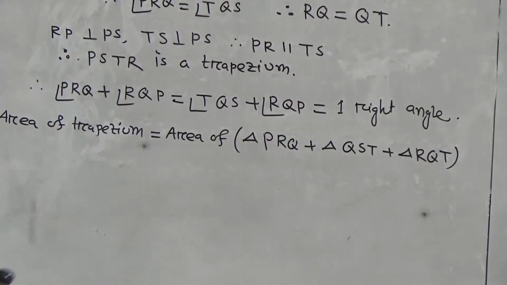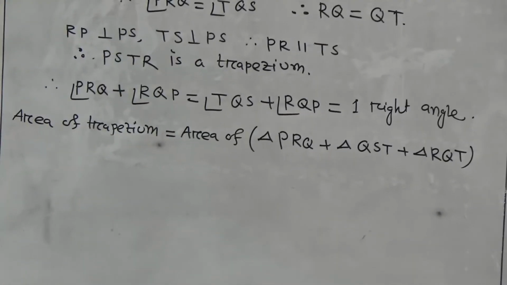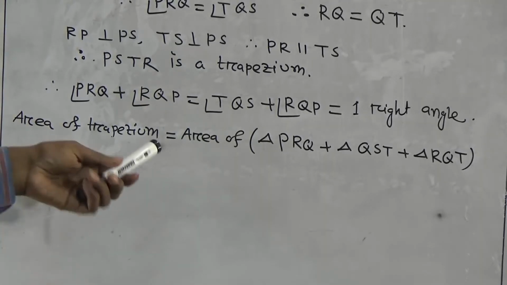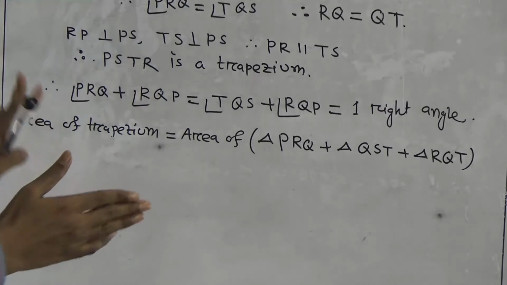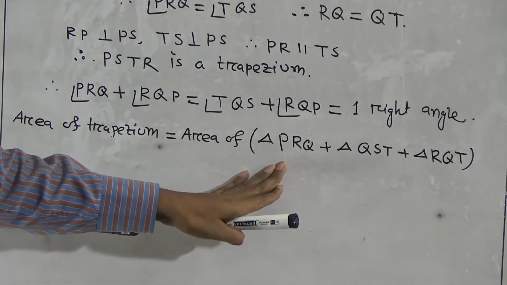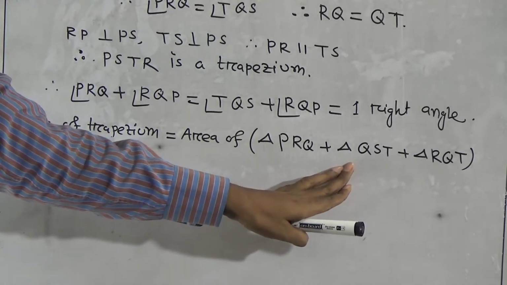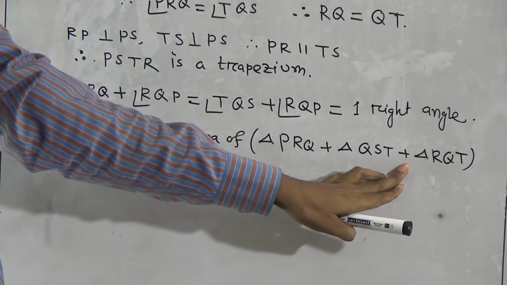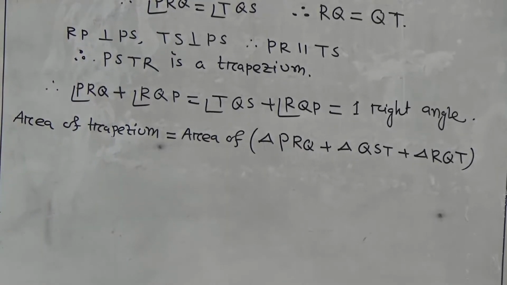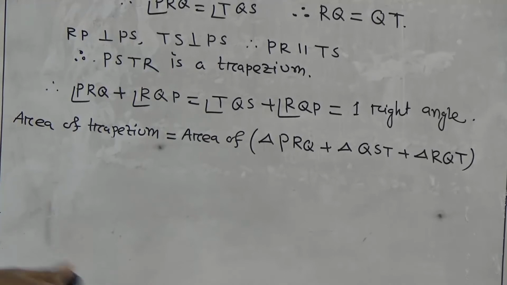Okay, RQT. Yes, student. Okay, that means the area of trapezium equal to area of PRQ plus QST plus RQT. Okay, dear student, please give attention.